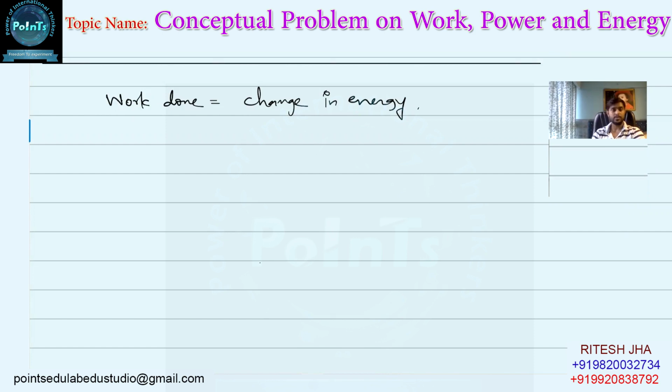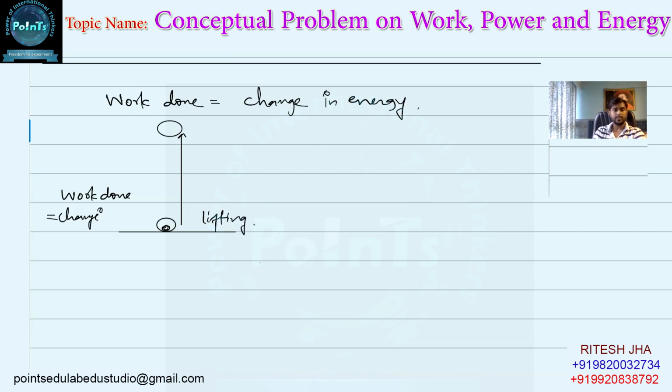Suppose here is a particle which is being lifted to this particular height, just simply lifted up. In that case the work done is the same as the change in potential energy.